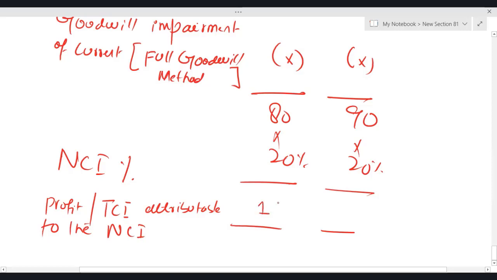Let's say this will be 16 and it is 18. I hope this is clear to everyone. Yes or no? Please, students, reply on this.